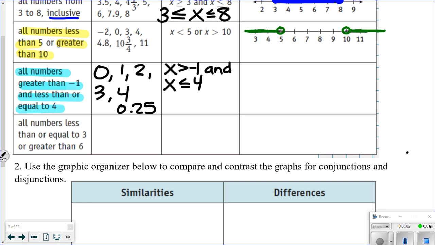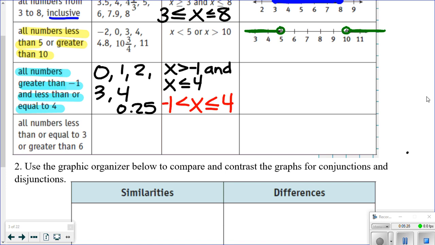That's how we write it using the word and. And now let's write it as one compound inequality. So x was greater than -1, so we're eating the x. But x is less than or equal to 4, so this inequality symbol is eating the 4. Think about your Pac-Man mouth or your alligator mouth.